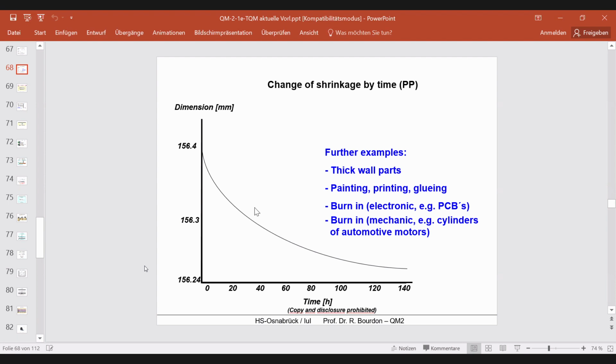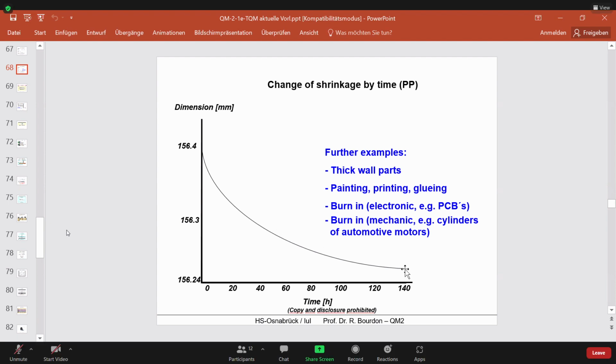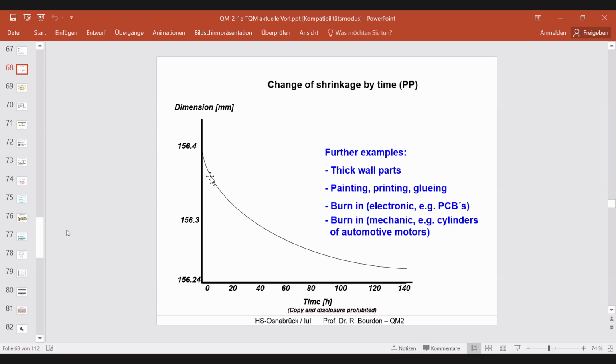So this is a thing you have to have a look at. Which quality characteristics can be measured directly after the production, and which quality characteristics change over the time, and when do they reach their final values?